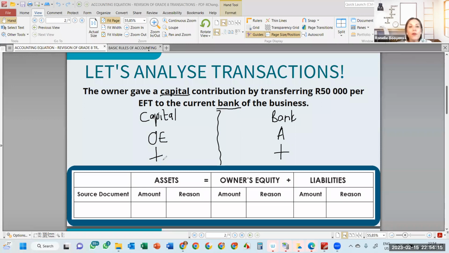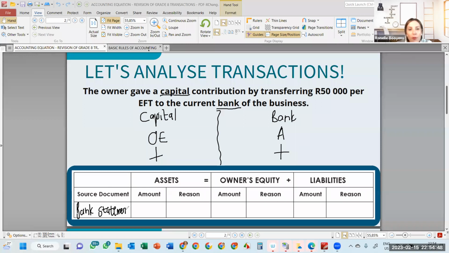Okay, once you've done that, people, then the rest is very, very easy. So you can ask yourself, first of all, I'm asking here for the source document. Whenever something is paid or received in our business by EFT, electronic funds transfer, it means that we will see that the transaction did take place on the business's bank statement.